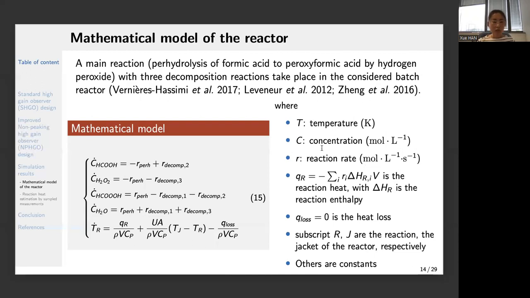For the others, rho, V, and Cp represent the density, volume, and specific heat, and they are considered constant. UA is the heat transfer coefficient. The calculation of the reaction rate can be found in this reference, but we will not introduce it here, because what we wanted is to use the sampled temperature to estimate the reaction heat QR.